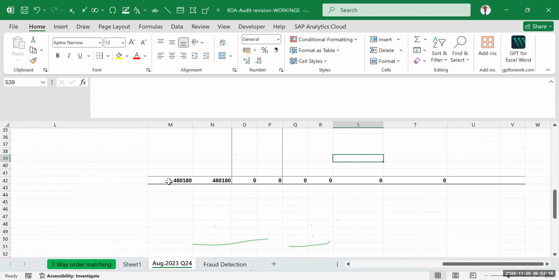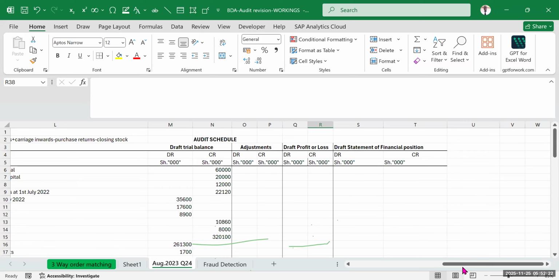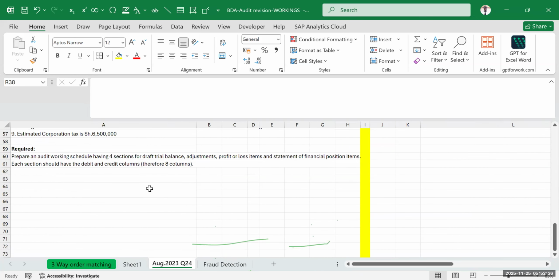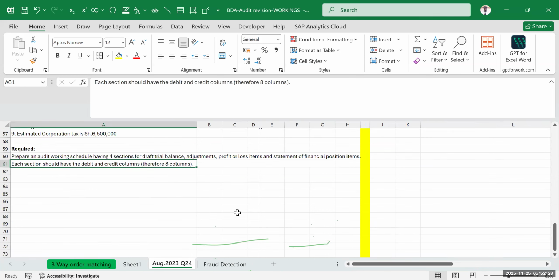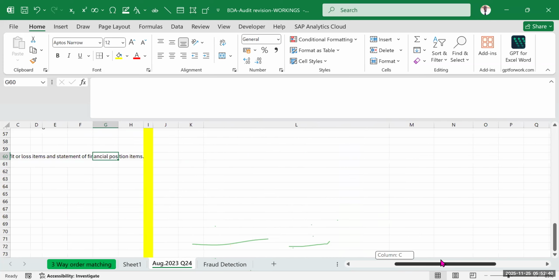For the draft, this is all that you're supposed to do, and you score your marks for the draft. Remember, we were told it is a 10-column schedule. No, they said it is 8 columns. Sorry, it is 8 columns because there are 4: draft has 2, adjustment has 2. Profit or loss has 2, making 6. Then the statement of financial position has another 2. So that makes it 8 columns.